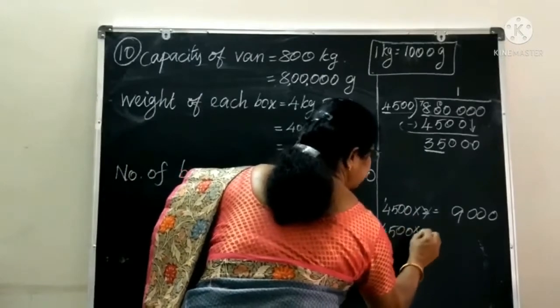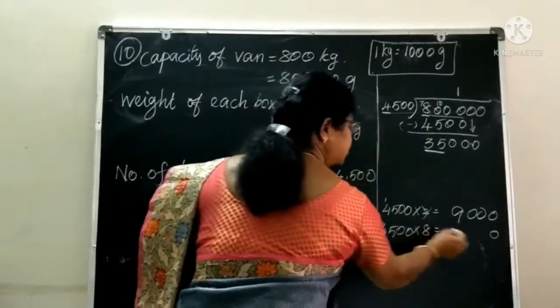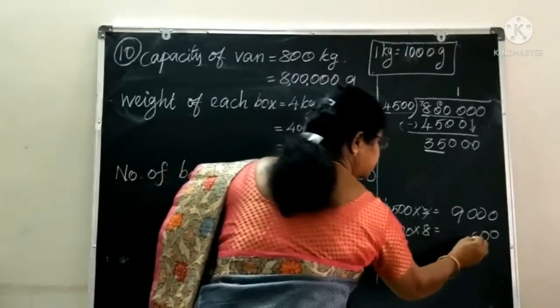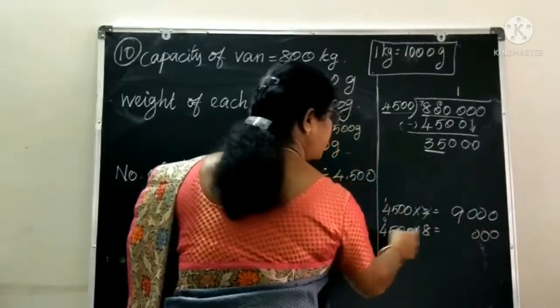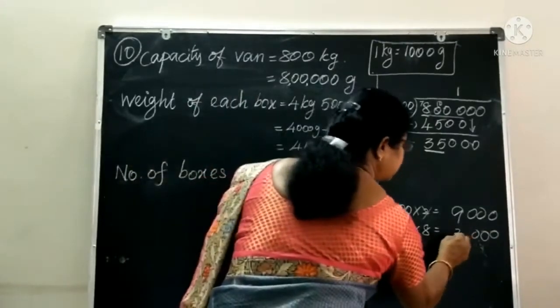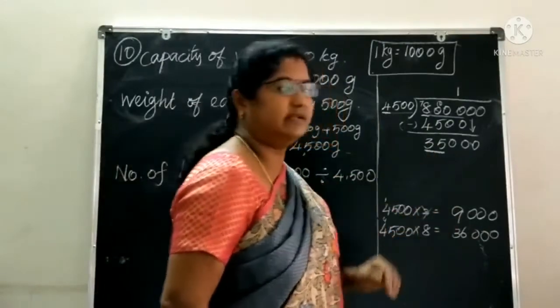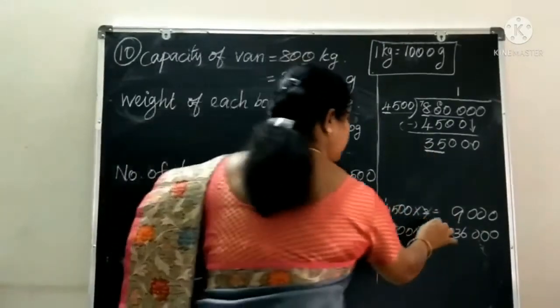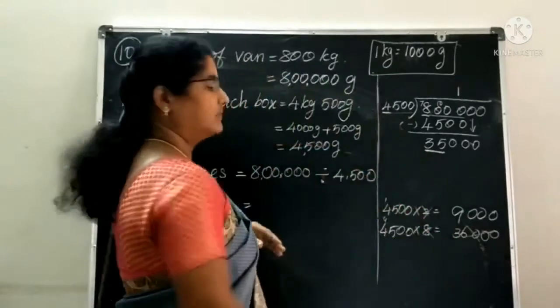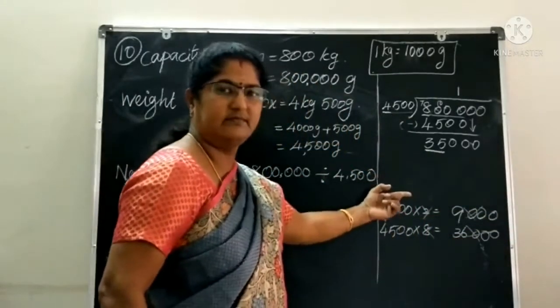4,500 into 8. 0 8s are 0, 0 8s are 0, 5 8s are 40, balance 4, 4 8s are 32, 32 plus 4, 36. 36,000. This is 35,000. This is also not possible. Okay, so take the number before, which is 7.